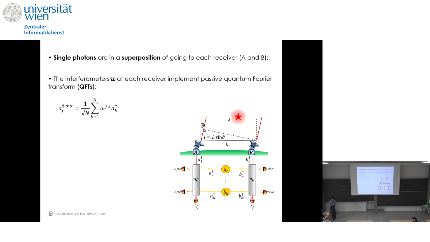So in this setup, we have single photons that are in a superposition of going to each side of your receivers, A and B. In the simplest case scenario, we had a beam splitter just to make the interferometric measurement.